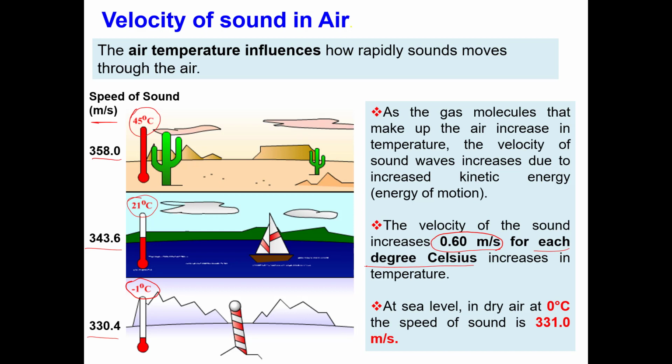Another thing is that the speed of the sound at 0 degrees Celsius is 331 meters per second. And we will see why it is important to know these two pieces of information. Let's write here the information we had from the previous slide.